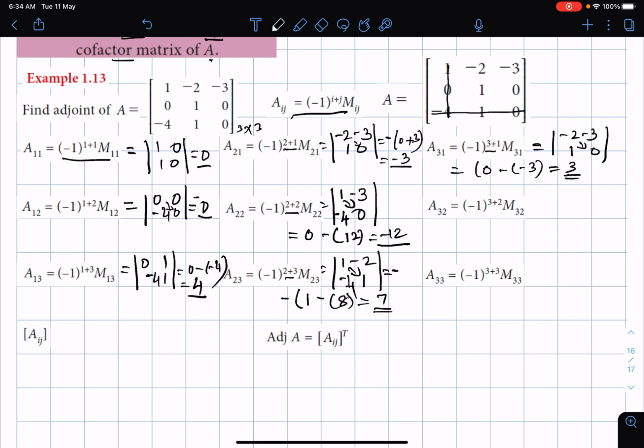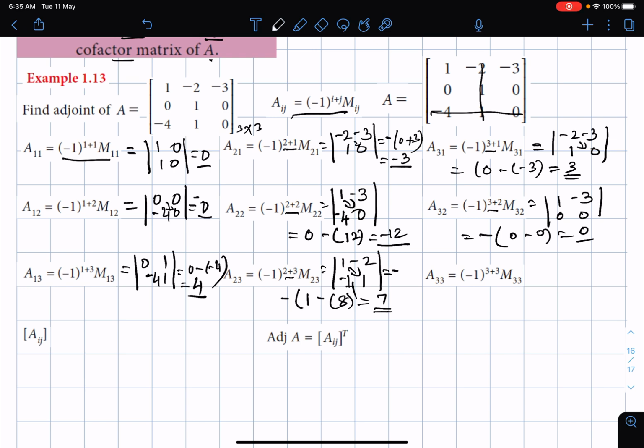Now coming to the second element of the last row, again you are going to cancel out the second column and the last row, and your determinant is going to be 1, -3, 0, 0. Here it is an odd power, so you will get a minus, and both are zeros, so it is 0 minus 0 equal to 0. Minus doesn't matter for 0.